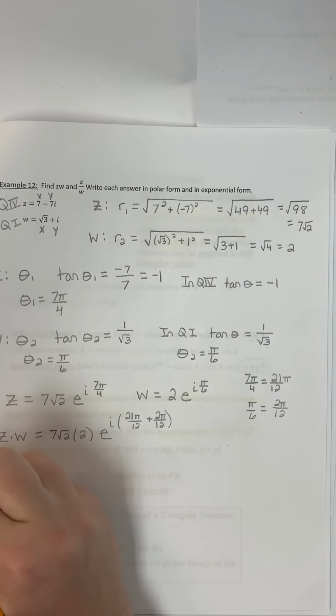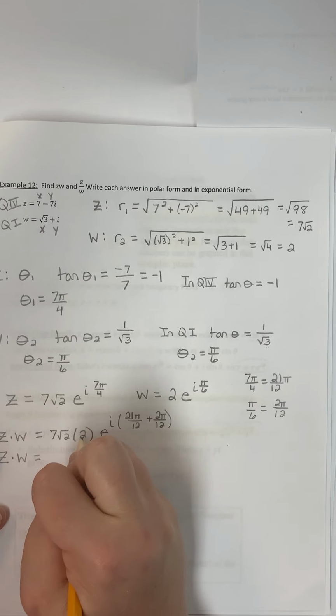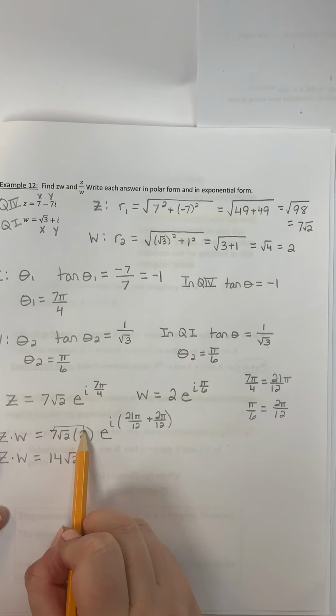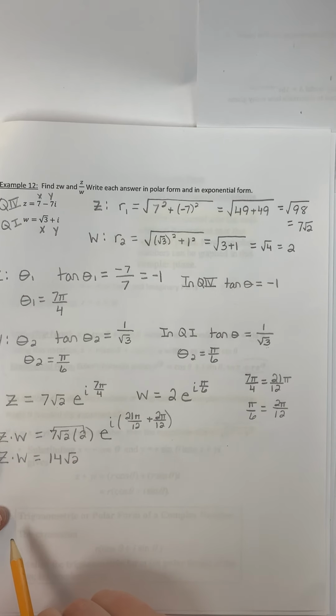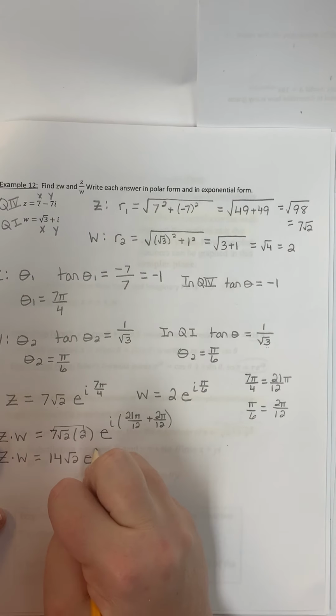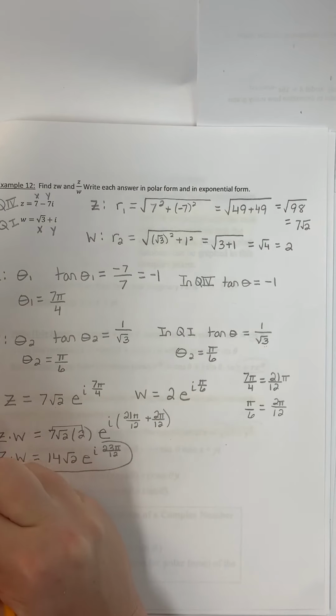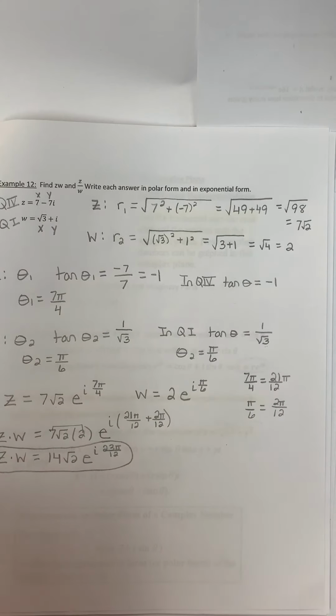Okay, z times w is going to be 14 root of 2. Okay, these multiply together. You can't do anything about that number under the radical. e to the i, 23 pi over 12. There's your exponential form.